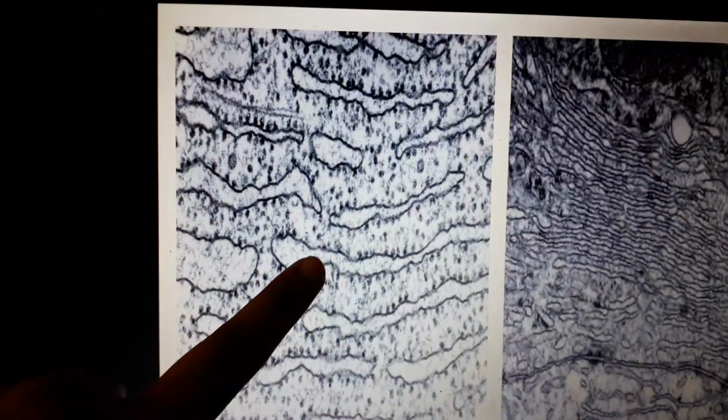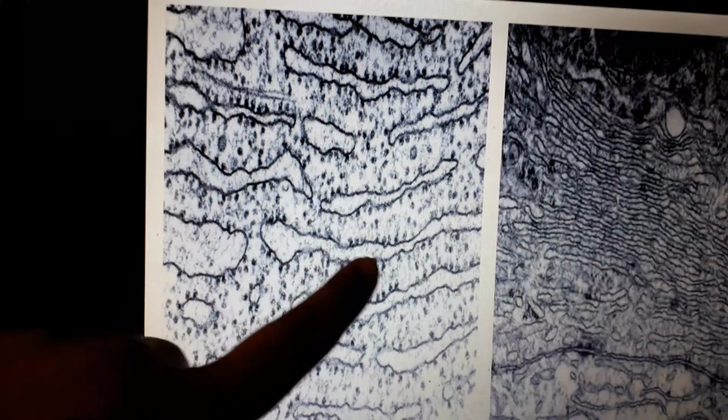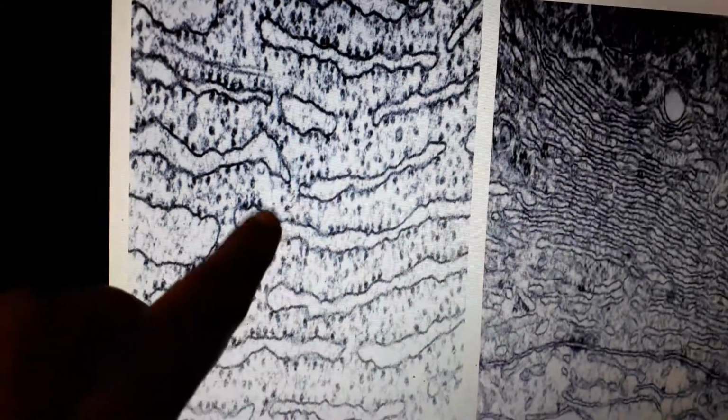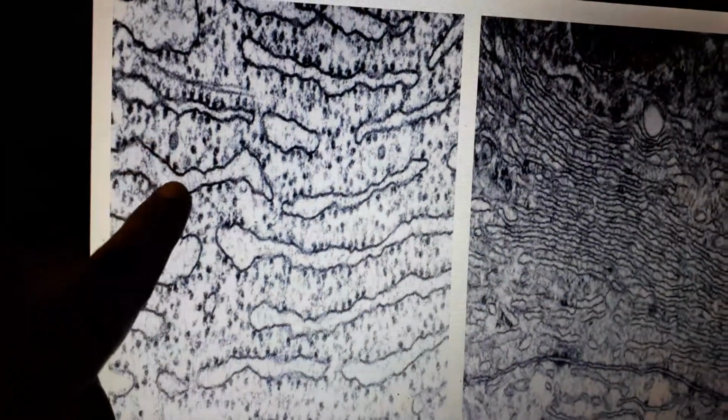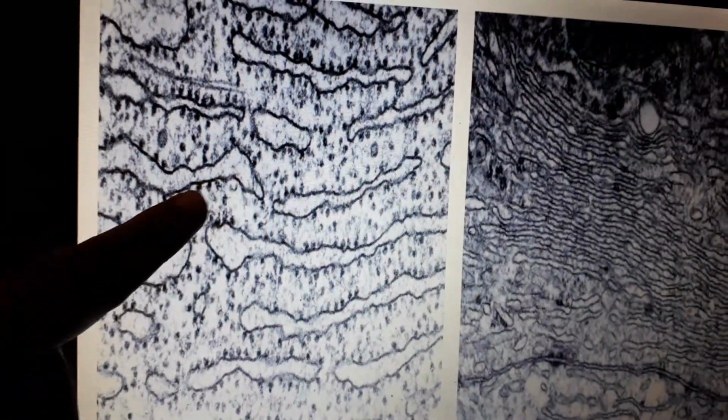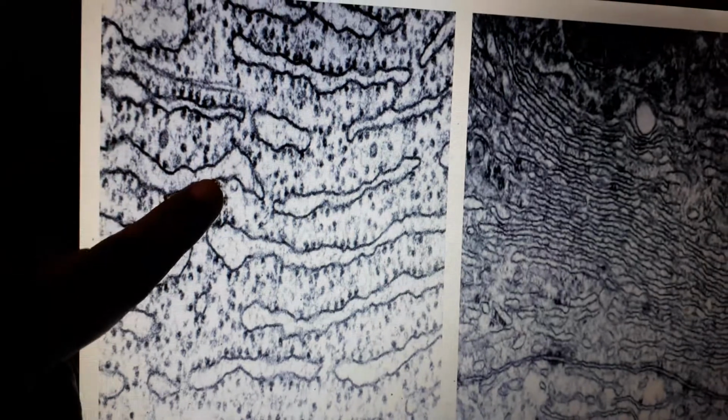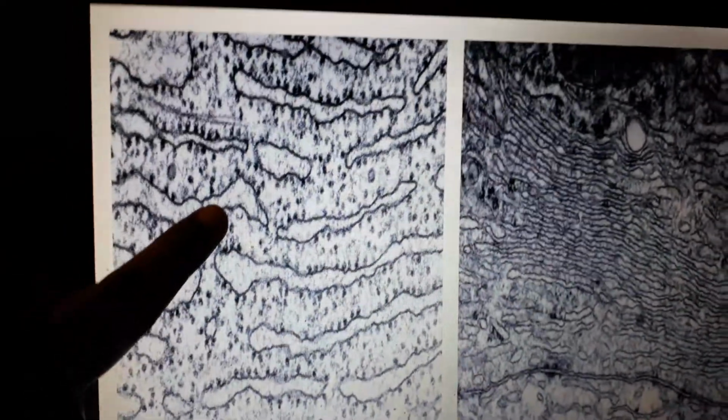Now, the structure on the left side is the rough endoplasmic reticulum because it has ribosomes sitting on it. You see, many ribosomes are sitting on the tubes. So this is called the rough endoplasmic reticulum.